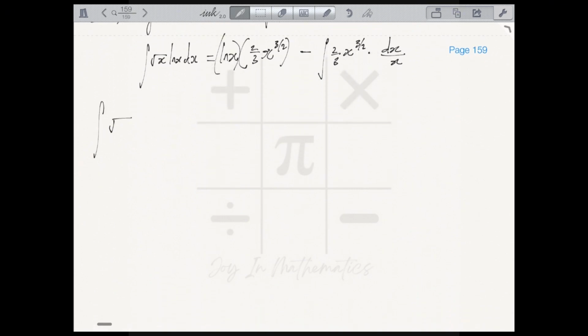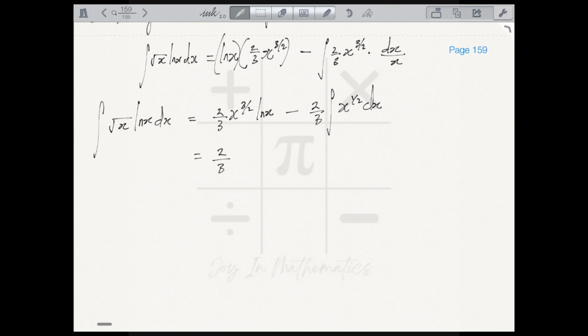And we have that the expression for the integral of root x ln x dx is equal to 2 over 3 x raised to power 3 over 2 ln x minus 2 over 3 as a constant. And when we apply the law of indices of x raised to power 3 over 2 divided by x, we will have x raised to power half to be integrated with respect to x. So let's simplify.